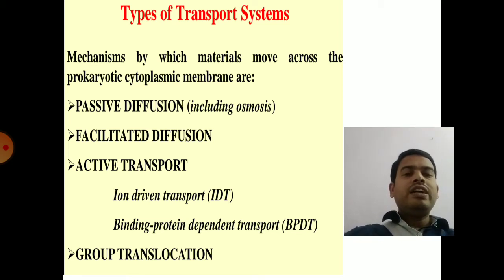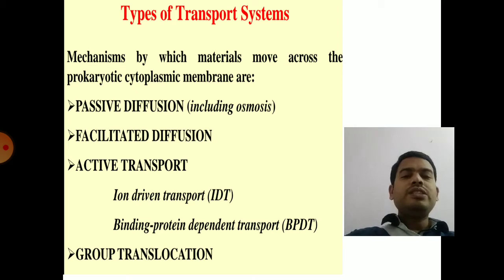So energy is utilized in the process of active transport. Generally, there are several other transport systems, like symport, antiport, uniport, etc. Which one is implemented depends upon the condition of the bacterial cell.